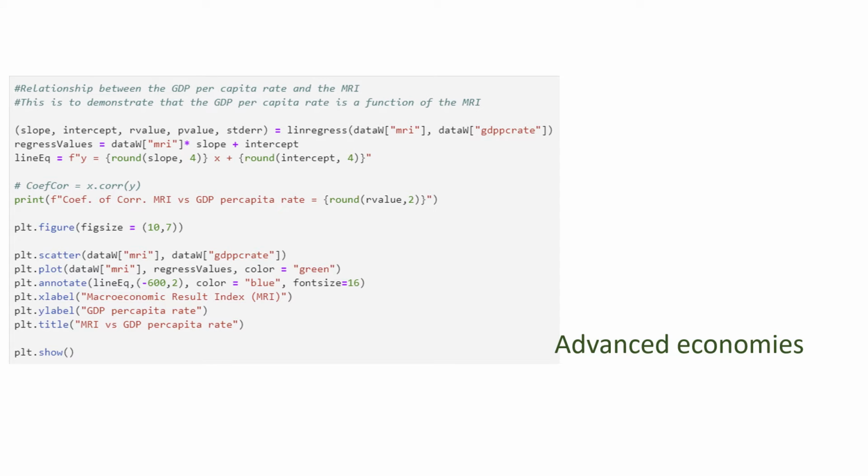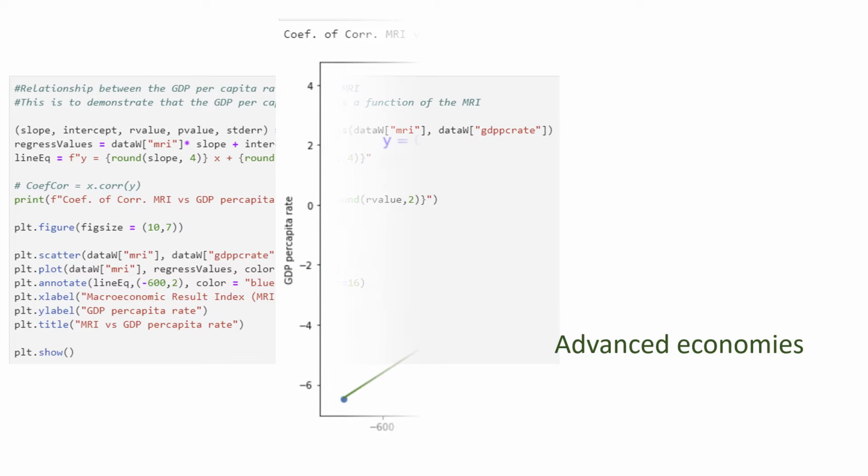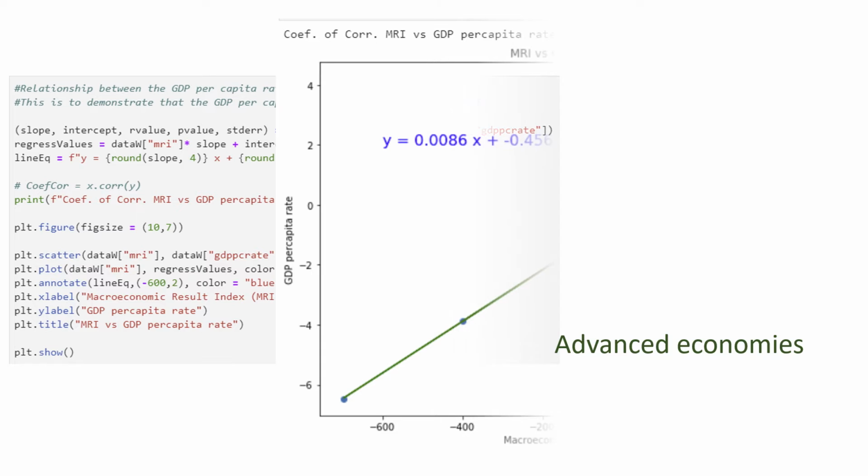For that, it is needed to work with regression analysis, determination coefficient, mean square error, MSE, t-values, F-statistics, and some others. With this coding, we can plot the scatter between the macroeconomic result index, MRI, and the real GDP per capita growth rate.